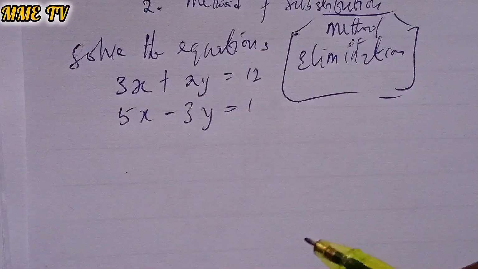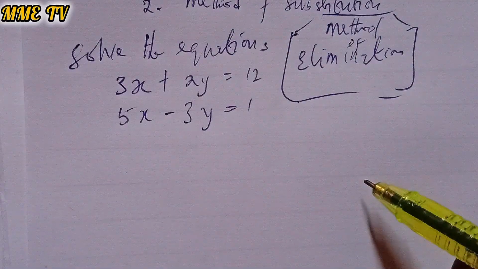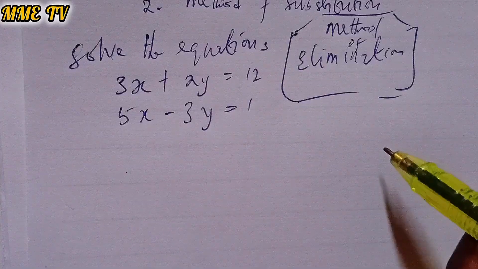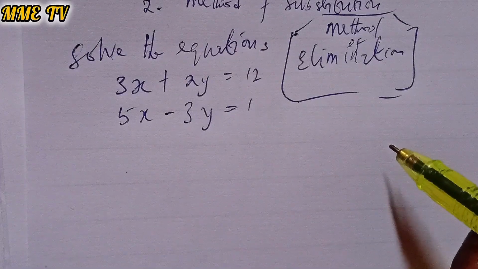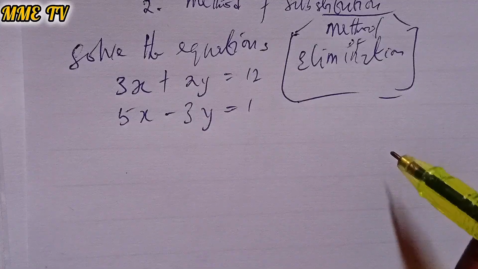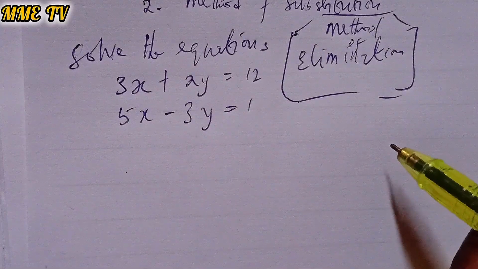Now, what do you do? For the fact that it is the elimination method, elimination means that there will be some cancellation on the way. But substitution means you are going to keep on substituting, removing things and adding different things all together. But let's finish with elimination.